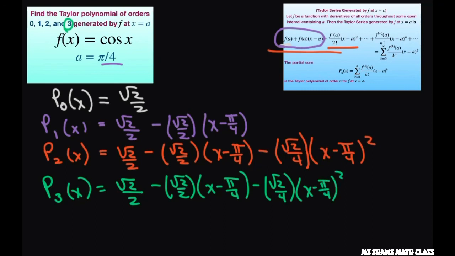And then we have a plus, and that is square root of 2 divided by 12, and this is going to squeeze this in, x minus pi divided by 4, and this is going to be cubed.